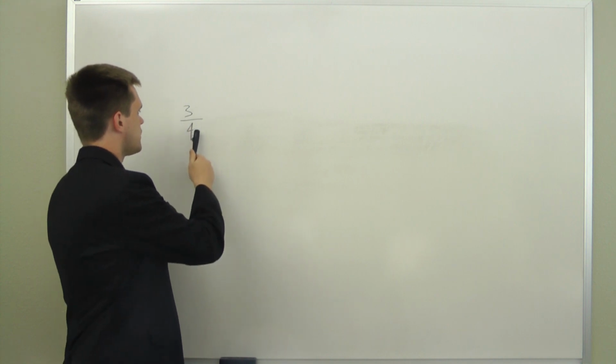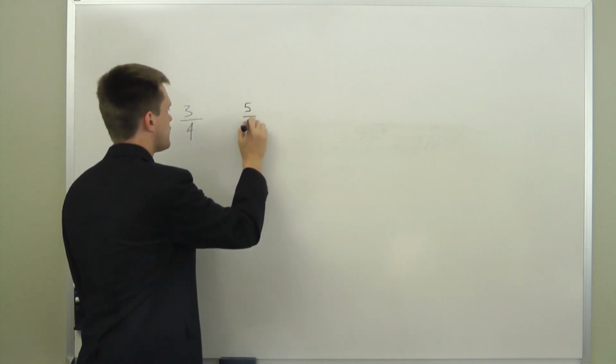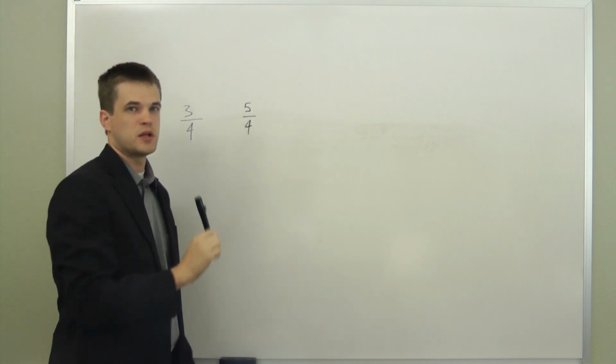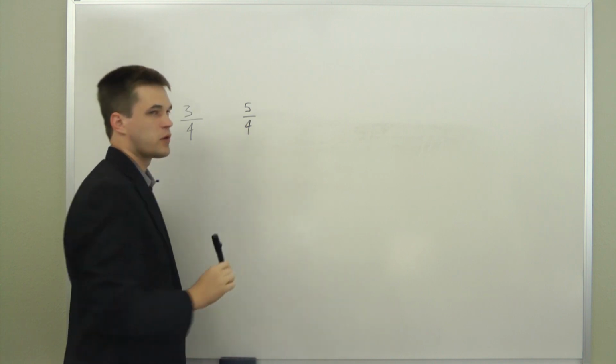If the numerator is larger than the denominator, for instance, if we have 5/4, this is what's called an improper fraction, because its value is greater than 1.